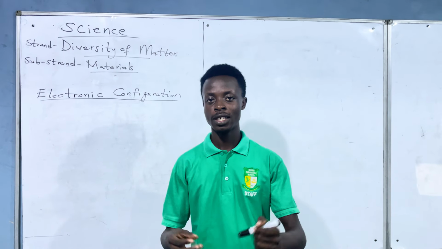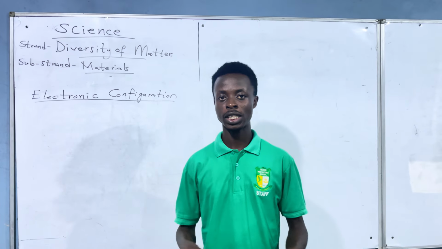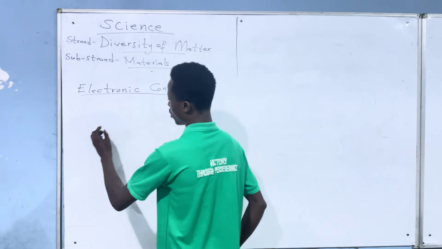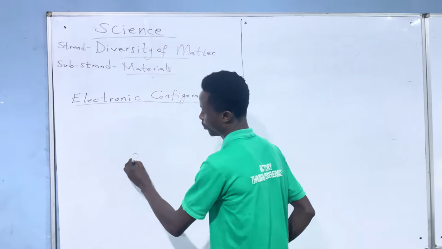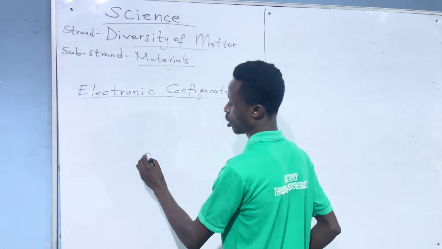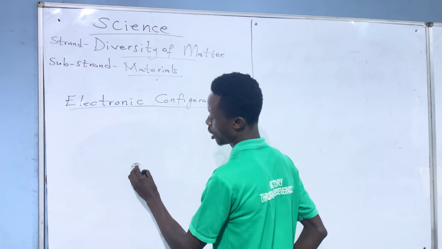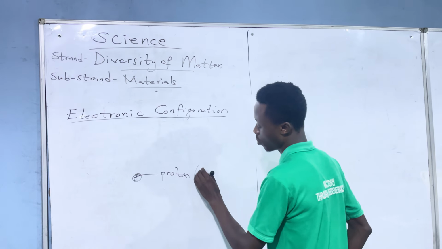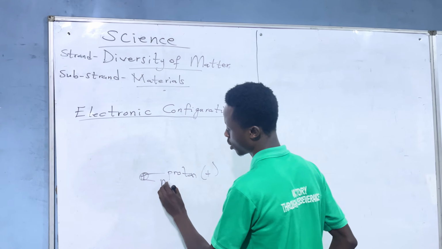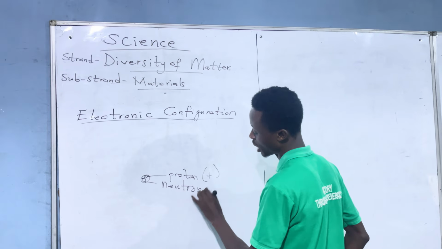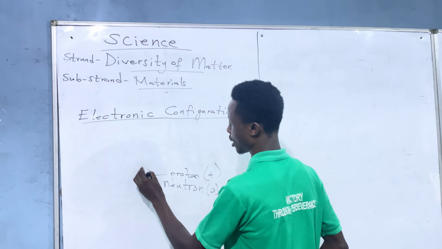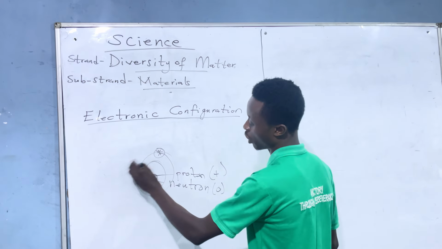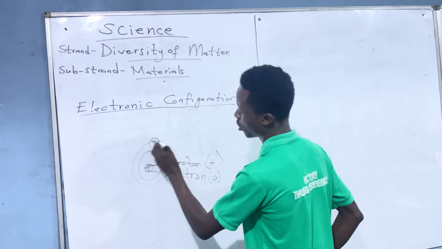From our previous lesson, we talked about the atomic structure. So let's revise on that. We said that the atom has a central nucleus which contains protons, which are positively charged, and neutrons, which have no charge. We also said that it contains electrons, which are found on the shells.